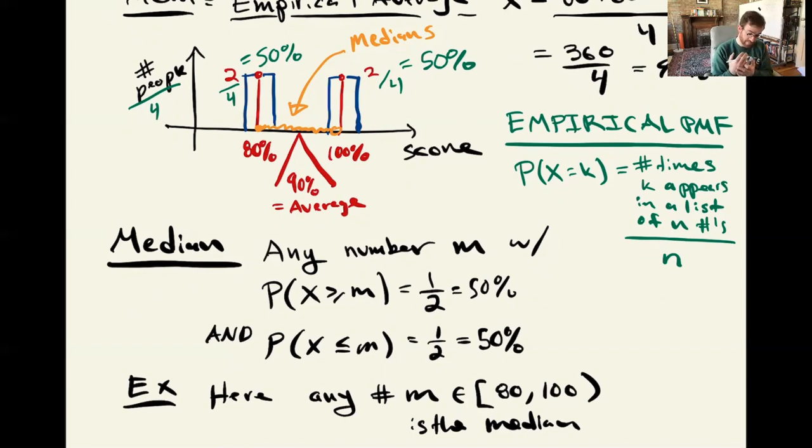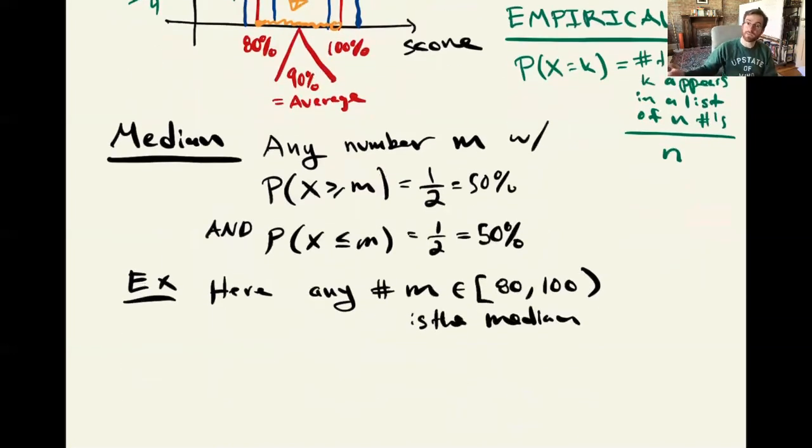But I could also say that with 85 or 90. The only number I can't say that for that's above 80 is 100, because 100% of the people in my class had 100 or less, because 100 was the maximum score on the test. So here's a situation again where the median's not unique.